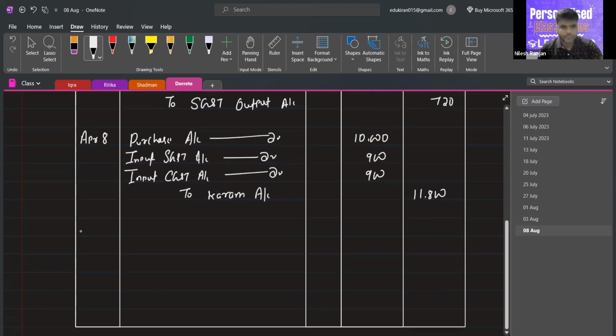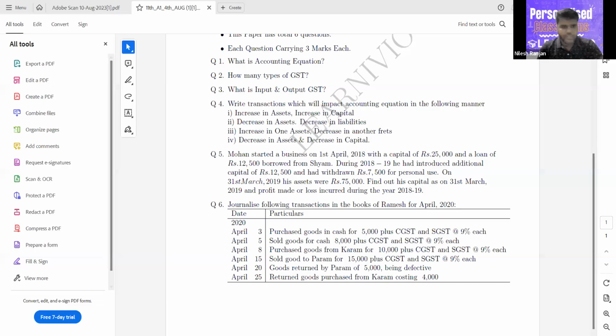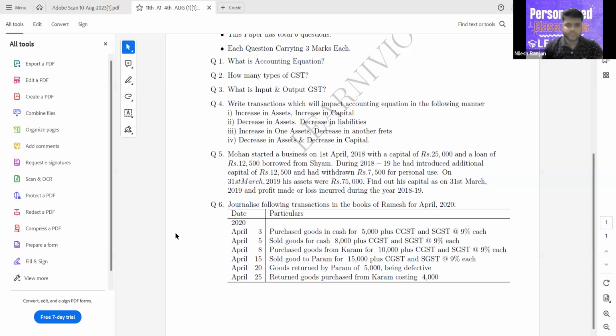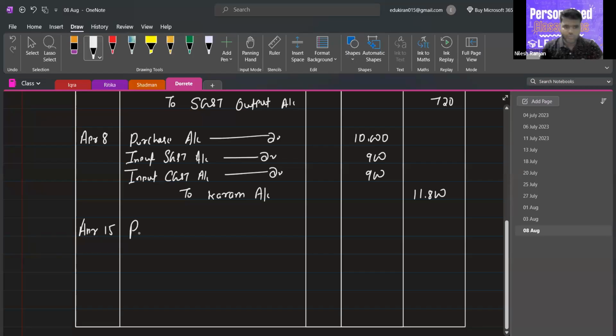Okay, sir. Now, April 15, it is sold goods to Param for 15,000. So now we are selling goods. Param account debit, it is on credit. That's why we have written the name of Param.